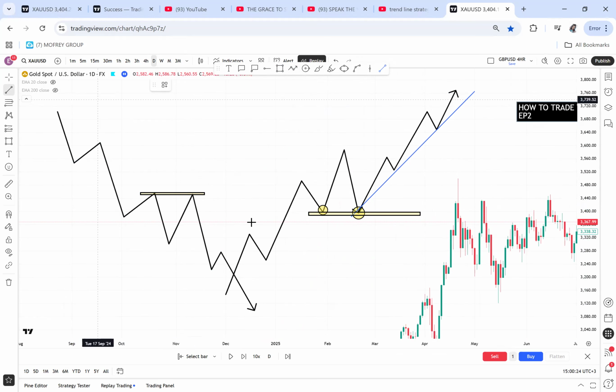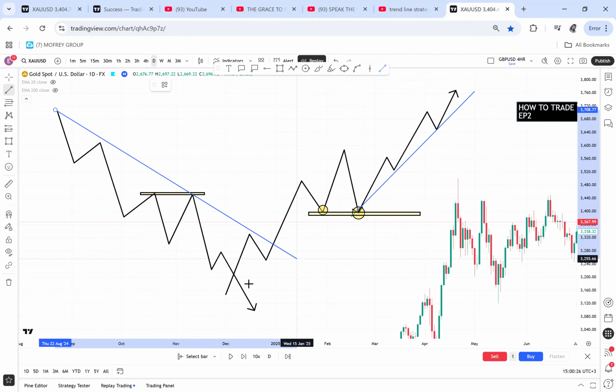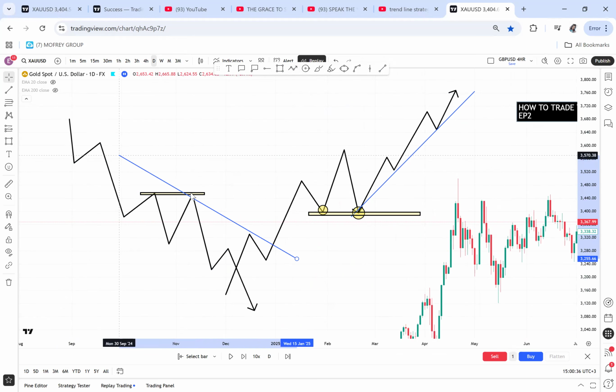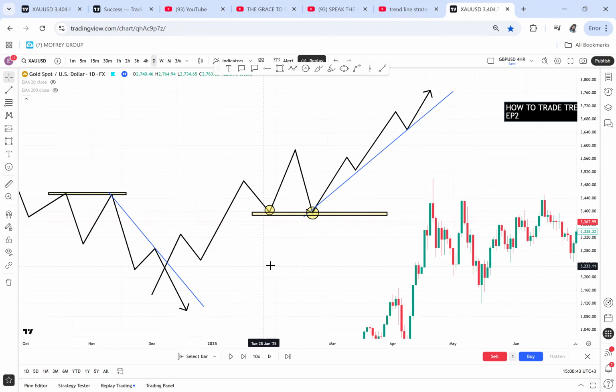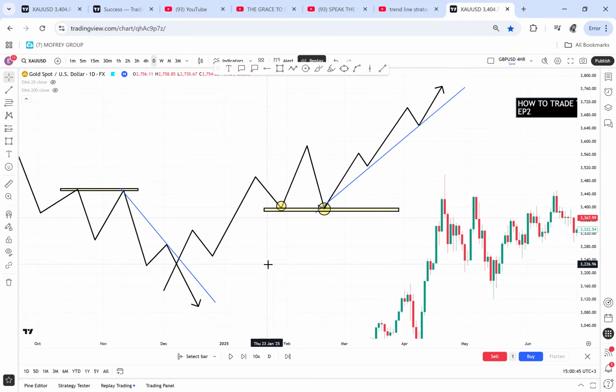This level will not be captured. So instead of starting all the way, just focus on where the double top is. That is a secret I'm giving you. And then you can have a trendline like that. So we will be focusing on the levels.